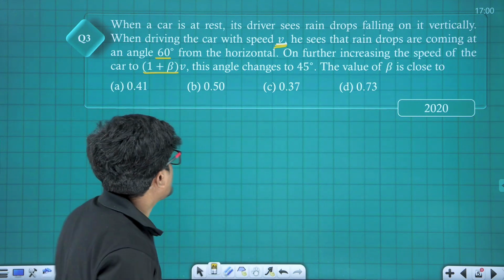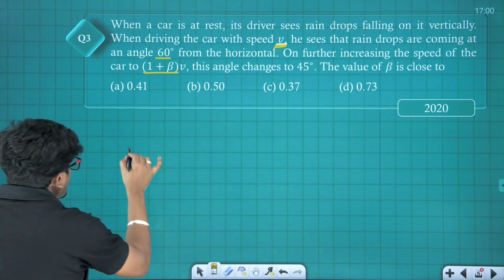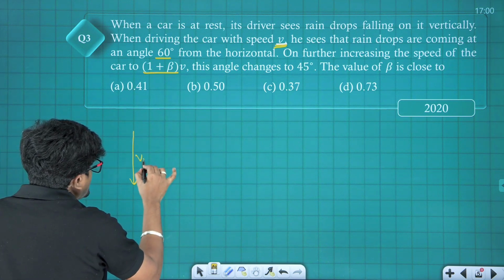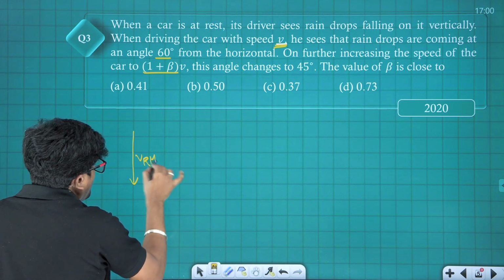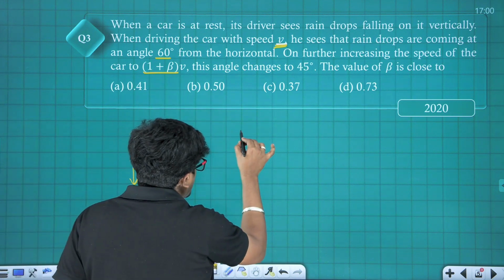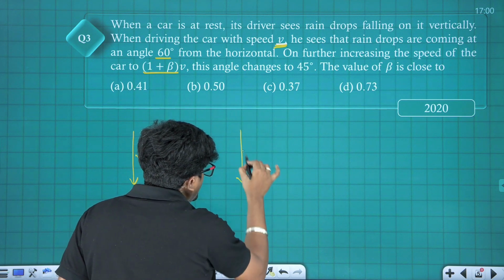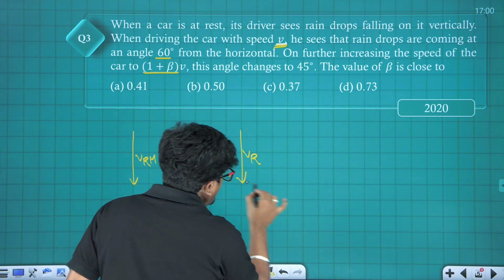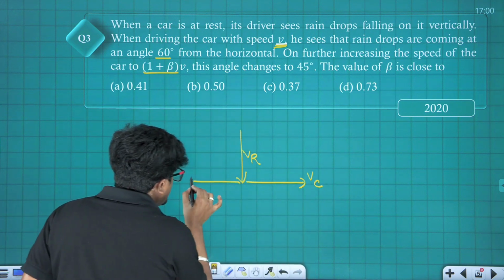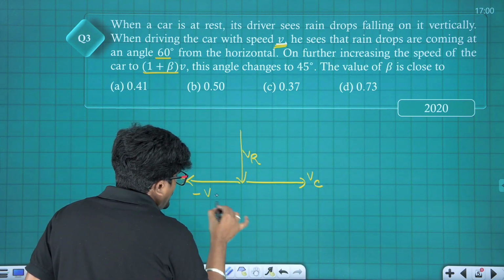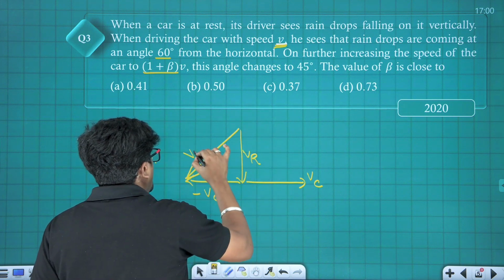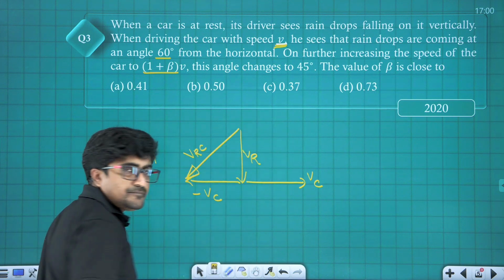That's the question. So once the car is at rest, this is the velocity of rain with respect to the man sitting inside the car. Now, once the car starts moving in the forward direction, this is the velocity of the rain, and this is going to be the velocity of the car. So this is going to be minus velocity of car. Now this is going to be the velocity of rain with respect to the car.